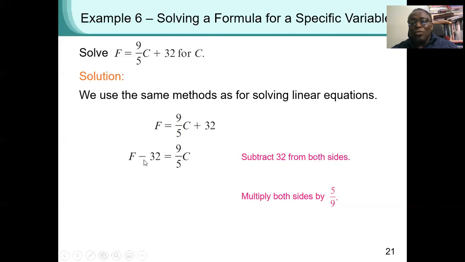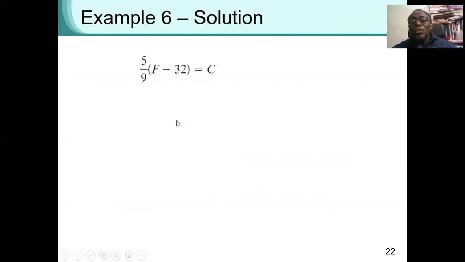So later I'll get F minus 32 equals 9/5 C. Then next I have 9/5 C, so I'll multiply by 5/9 to the right side so that I'll cancel 9 and 5 and get my C. But since I did it to the right side, I have to do the same thing to the left side. So finally, you see that our C equals what? 5 by 9 times F minus 32.